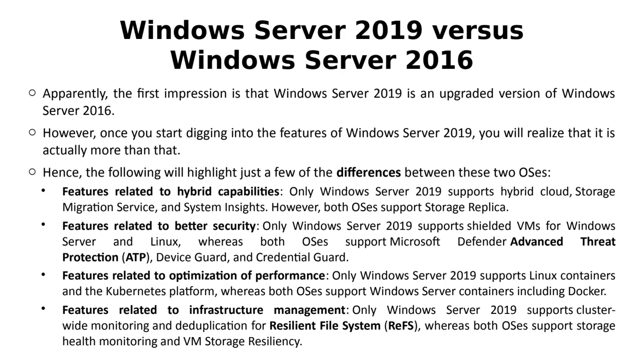We have also more features related to optimization of performance, so it will perform better. Then we have features related to infrastructure management, and the file management system such as ReFS.